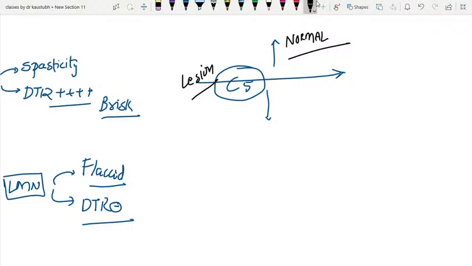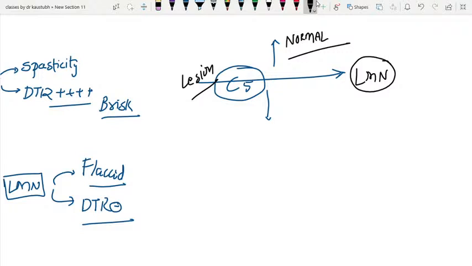At C5, what will happen to the motor component? The anterior horn cell and the motor nerve will be injured. So you will get lower motor neuron palsy, flaccidity, and the deep tendon reflex will be absent.